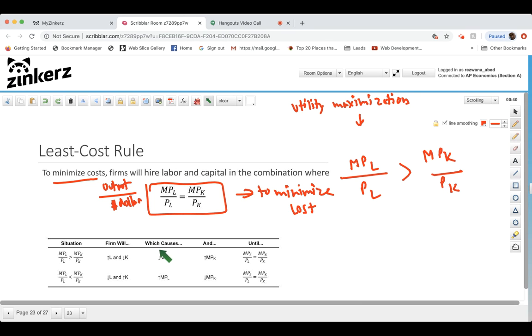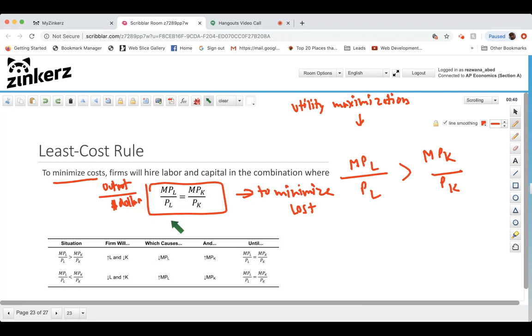I'm sure you probably don't remember, but we talked about how, as you keep adding more and more variable resources, labor, to production without really adding capital, workers get into each other's way. There is limited space to work with. There is a limited number of machines to work with.